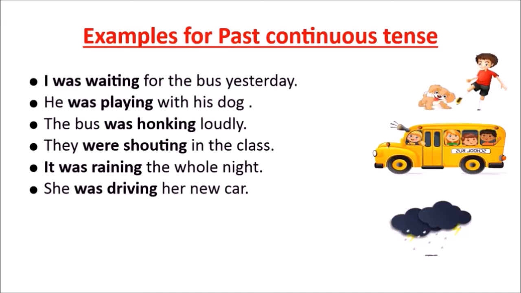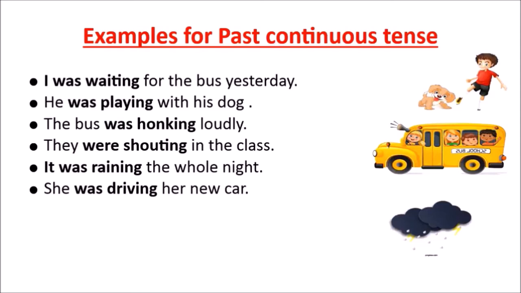Look at the next example. They were shouting in the class. So what they were doing? They were shouting in the class. So this action cannot be happening for a long period of time, because it will disturb the other classes too. So it was happening for a short period of time.